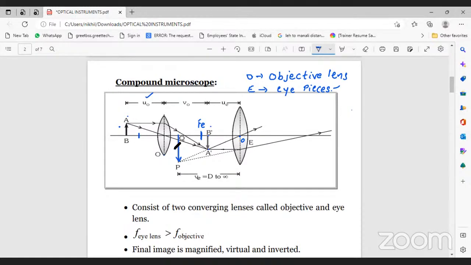So the final image we got, A double dash B double dash, is inverted and highly magnified. So the image formed by the compound microscope is magnified, virtual and inverted.